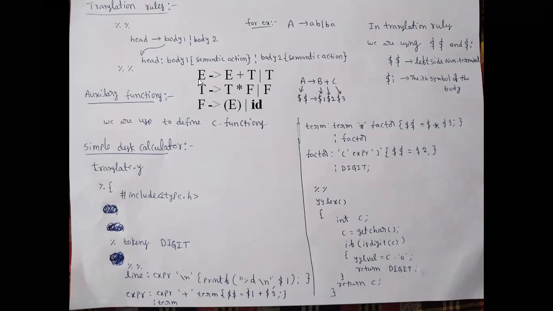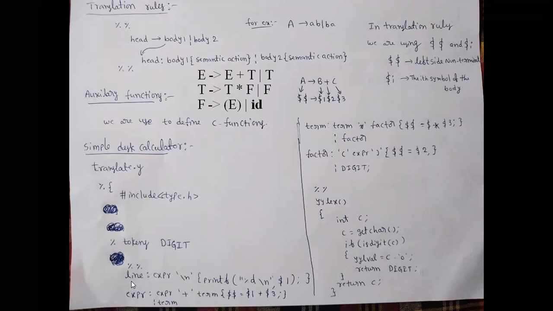Here E represents the expression, T represents a term, F represents a factor, and ID represents a digit value. So expression, term, factor.